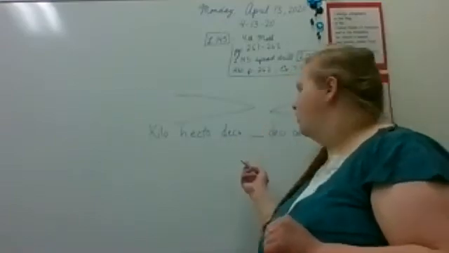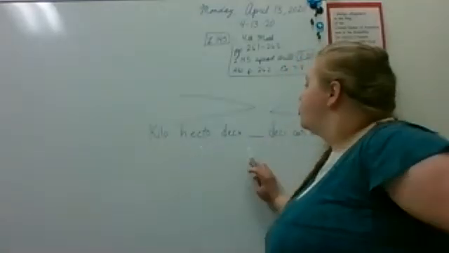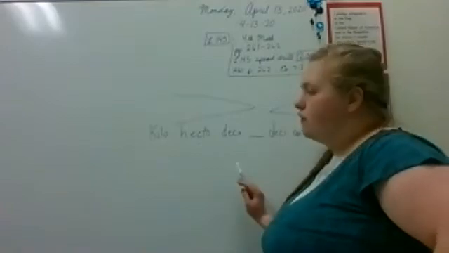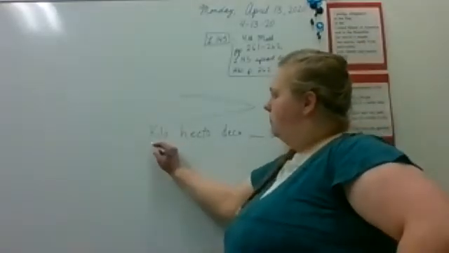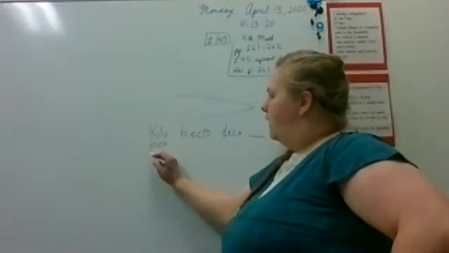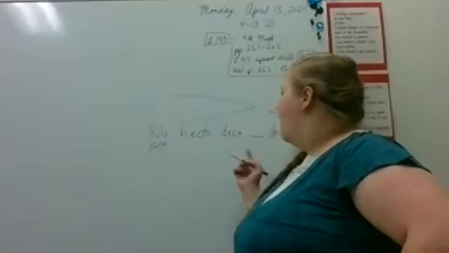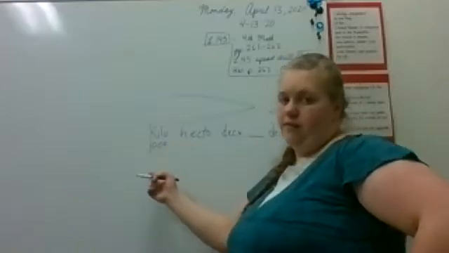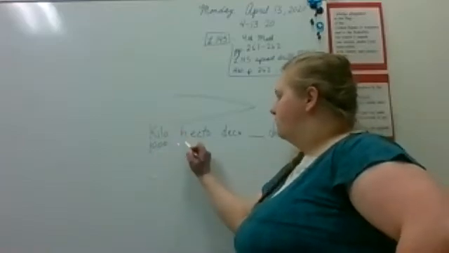I don't know if we've done gram yet, or liter. We did liter. Okay, so they're smaller. So that means, okay, kilo is the biggest, and it means 1,000. Okay, so there's 1,000 meters in a kilometer. Okay, but kilo means 1,000.